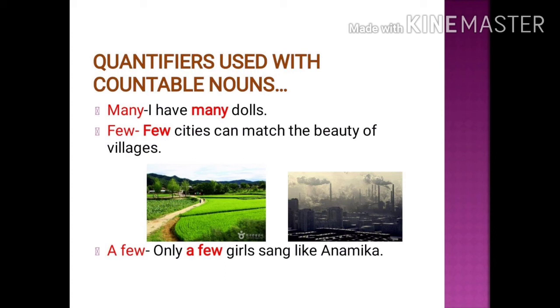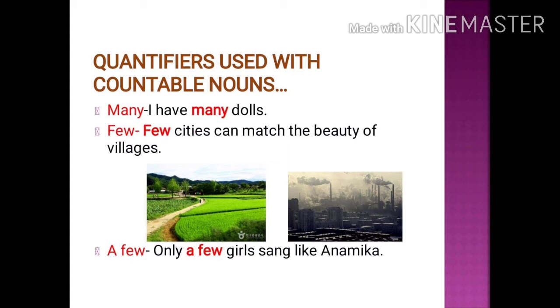Children, these three quantifiers, many, few, a few, are strictly used only with countable nouns. I told you some, any, a lot of can also be used with uncountable nouns, but these three, many, few, a few, are used only with countable nouns.